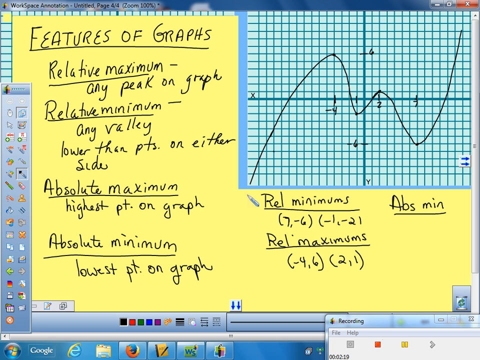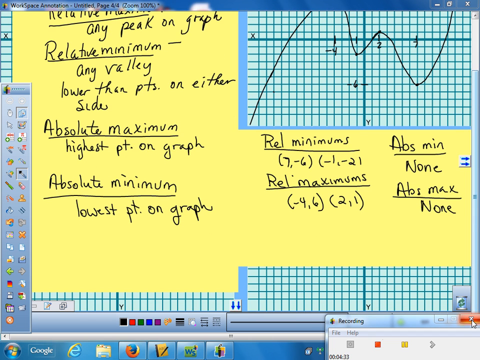So you would say there is none. And what would you say for your absolute maximum? It's going up forever, so in this case, there's none. If the graph continues, there's no point. In order to make it stop, I have to put a point on it indicating it stops. Otherwise, you assume it goes forever.